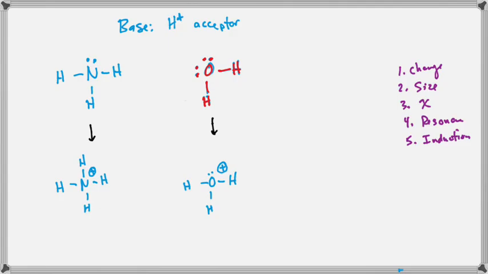If I go through and look at the definition of a base that I've now defined, the proton acceptor, let's take a look at our conjugate acids. What charge are they? Positive, which means what did I do to the electrons? I've actually hidden them. Necessarily, by drawing out the conjugate acid, I hid the electrons from view.